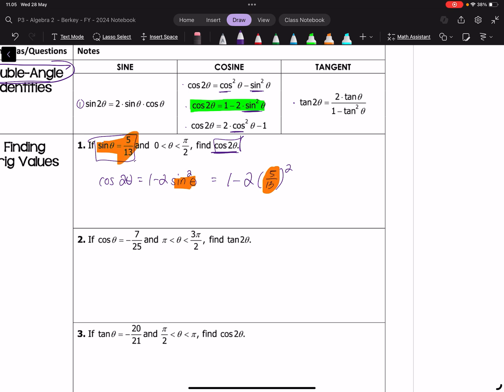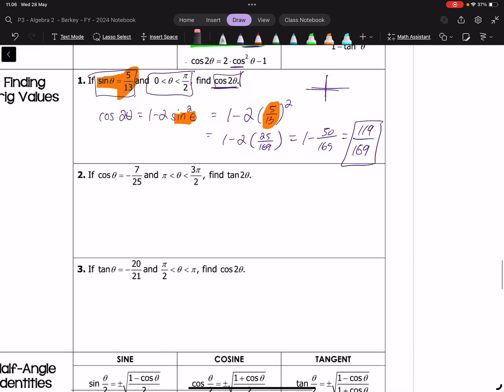Then we can calculate this: 1 minus 2 times 25 over 169, which is 1 minus 50 over 169, which is equal to 119 over 169. There you go. Now we'll come back to this, but just note that we are working in this first problem in the first quadrant. It'll come into play in number 2.